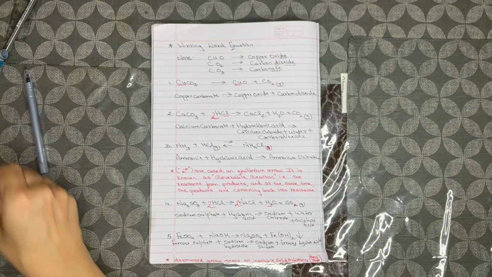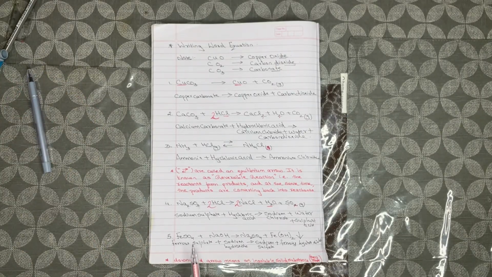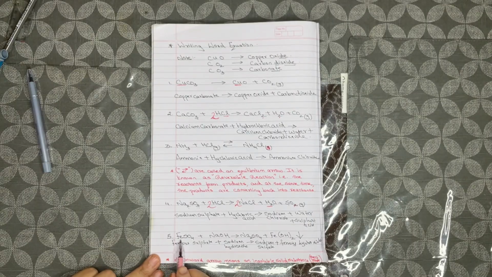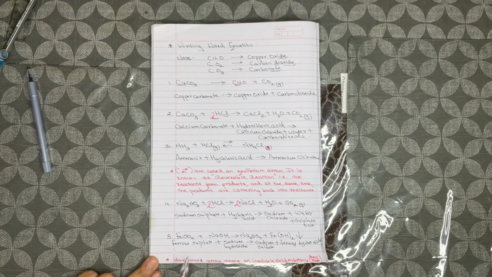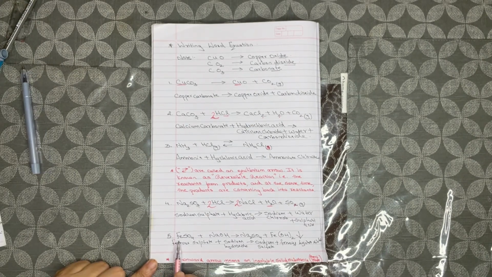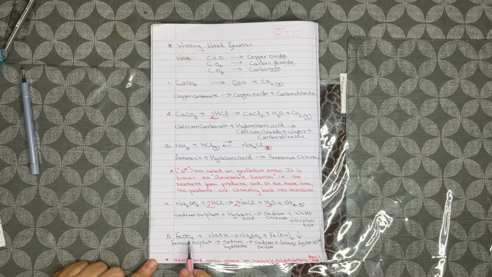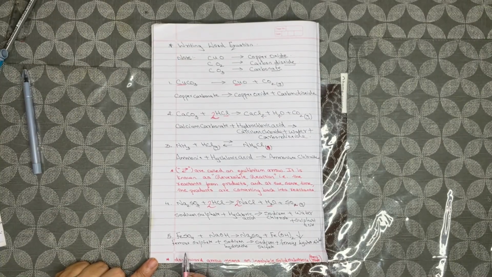Now to see whether हमारा ये fifth वाला equation balanced है कि नहीं. Fe on the left hand side is 1 and Fe on the right hand side is also 1. So our iron is balanced. Now SO4, okay, sulfate.